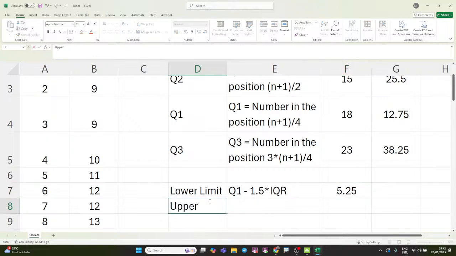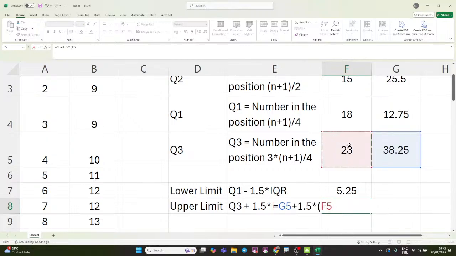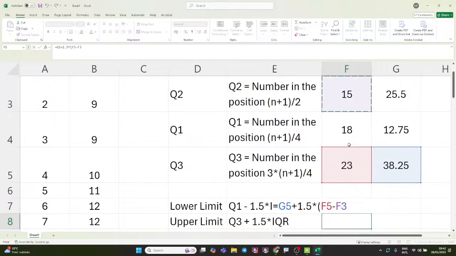And the upper limit is Q3 plus 1.5 times interquartile range. So we have Q3 plus 1.5 times this guy here minus this guy.